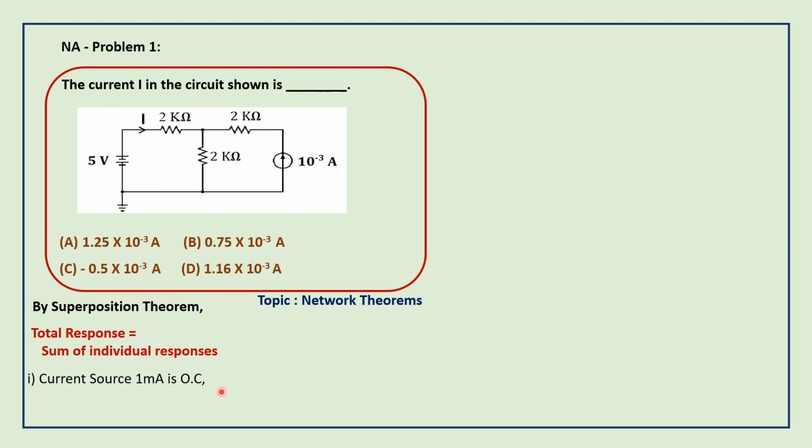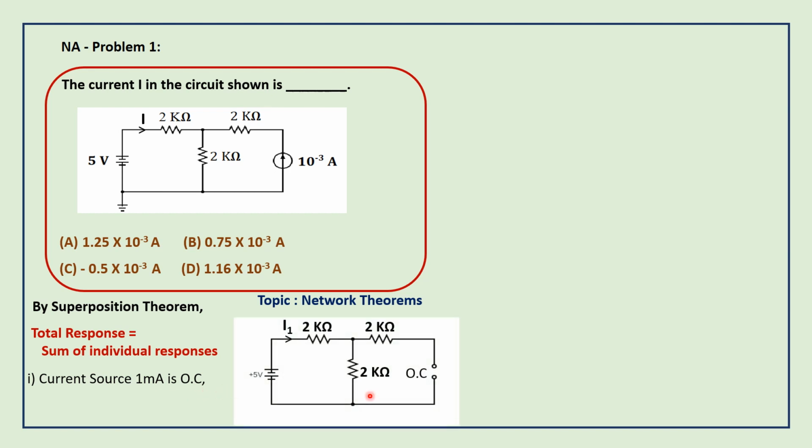When we open circuit the current source, the circuit will become like this. This is the open circuit condition of the current source. When we open circuit this current source, the current passing through this loop will be equal to 0. That we know.